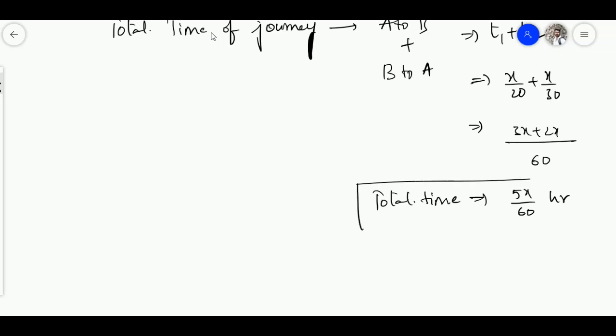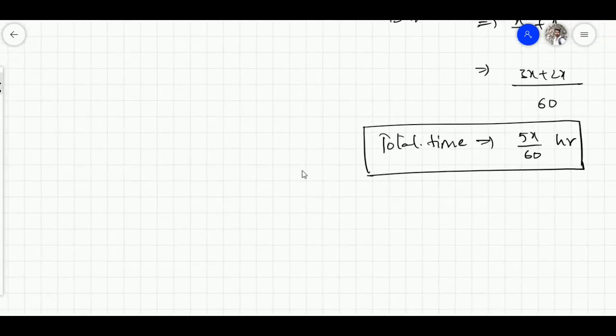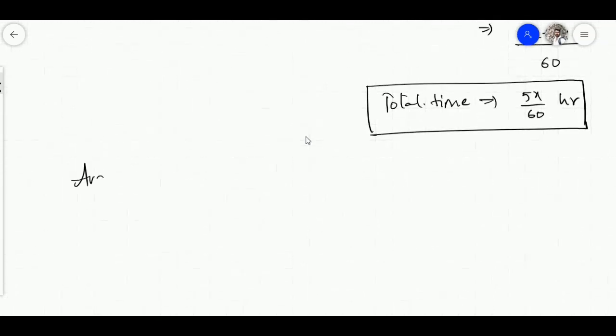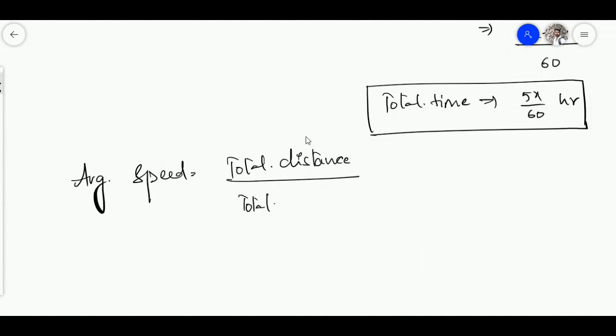This is very important. Now the final thing we have to find is average speed, and the basic formula is total distance by total time. The total distance is x from A to B, and x again from B to A. That means the total distance is x plus x for the whole journey, and the total time is t1 plus t2, which we already found to be 5x by 60.